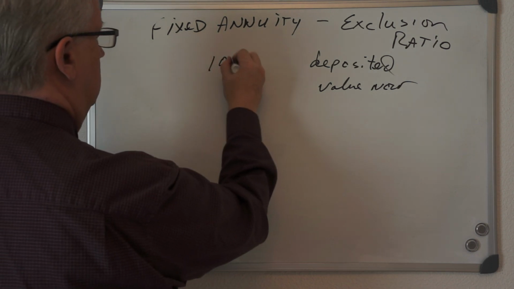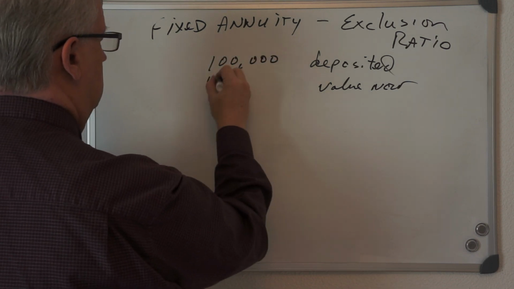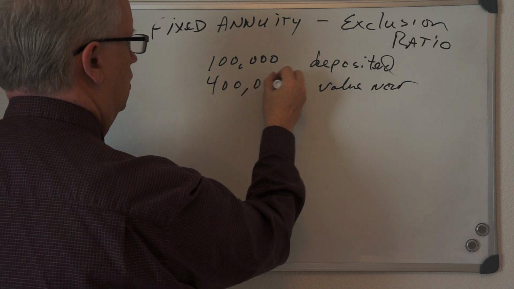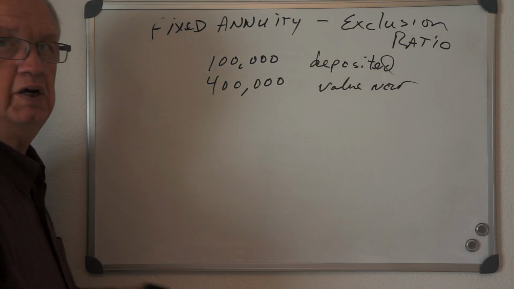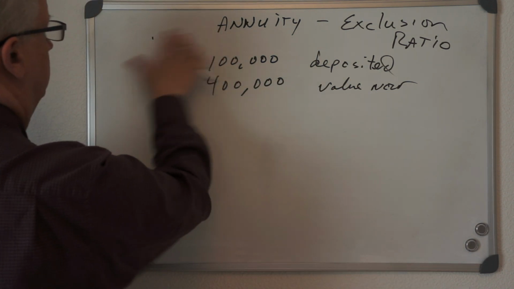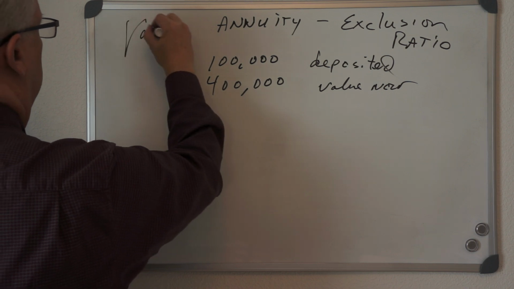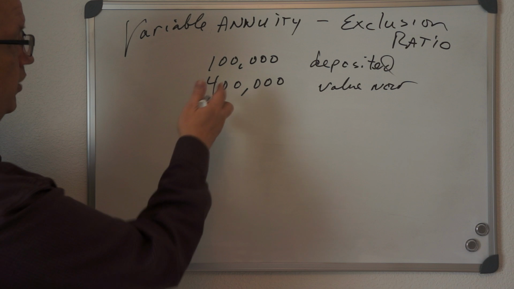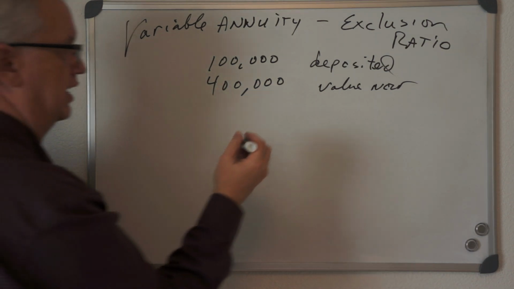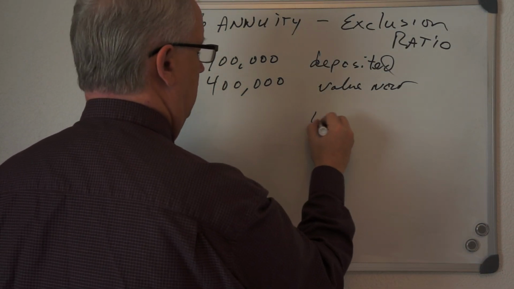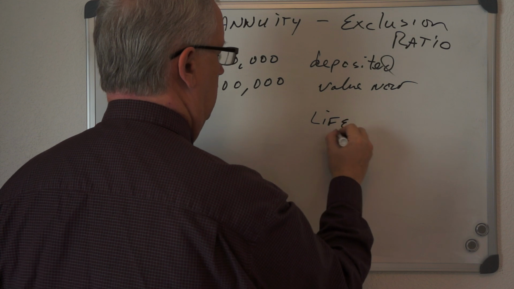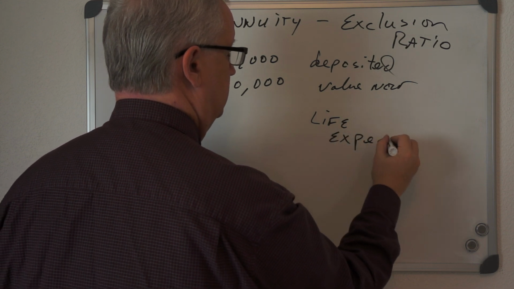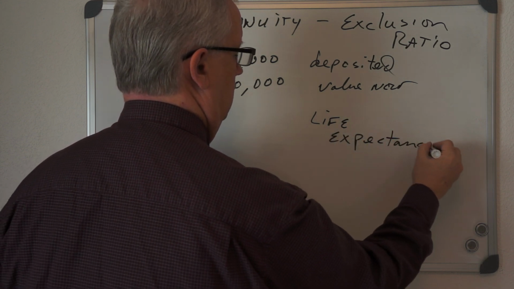But once again, this is a situation, it's now a variable annuity. So what we have is a calculation based on life expectancy.